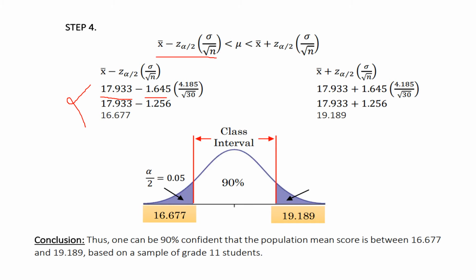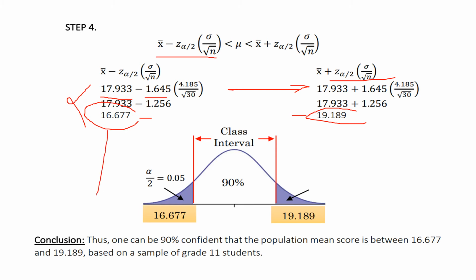For the upper confidence level, we just simply add the same term. So our resulting values are 16.677 and 19.189. This will be your lower and upper confidence level.